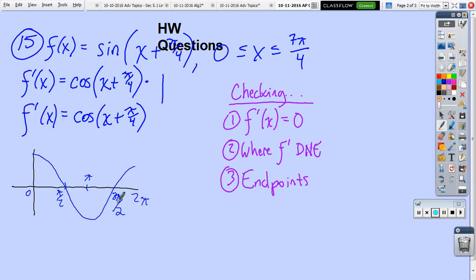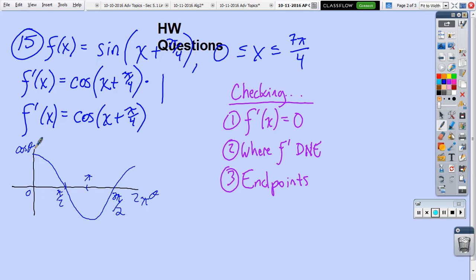Is this new for any of you all? Okay, just kind of a refresher. So this is the graph of just cosine. We'll say that this is theta, and this is cosine of theta. I'm going to let this be theta and go from there.